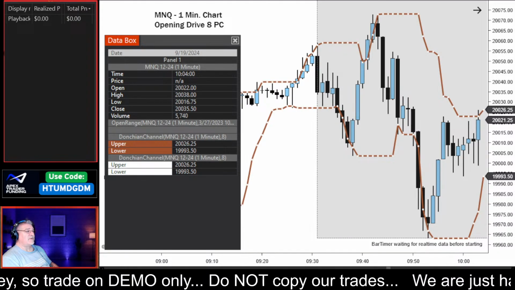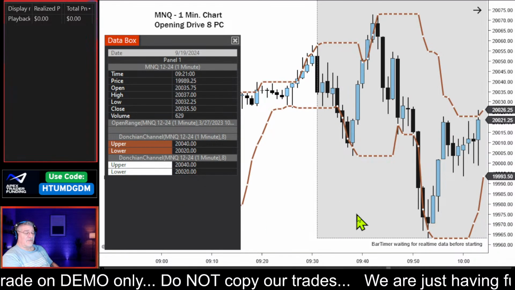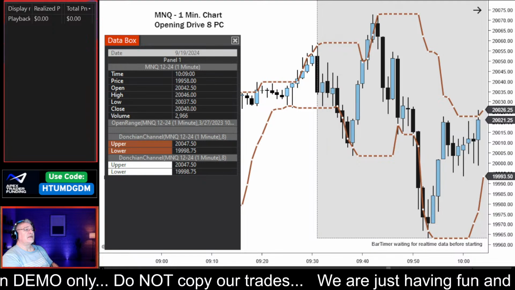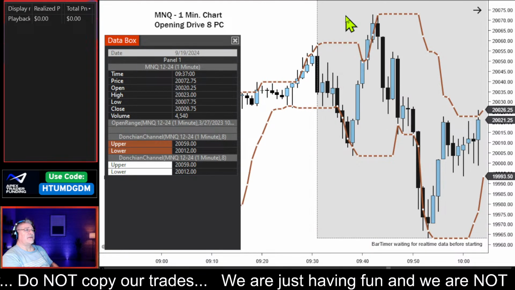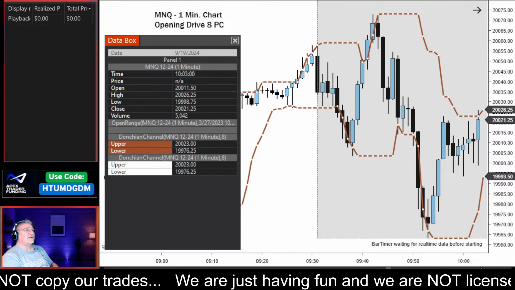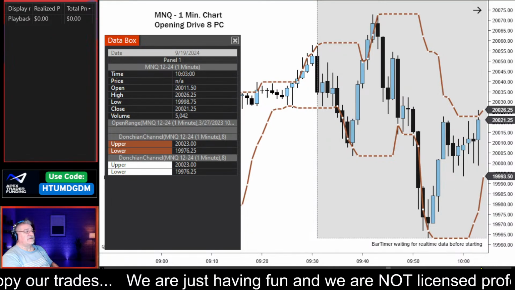So far, we're down 27 points for the week, which is nothing. Sounds like a lot, but it's nothing. You've got to trade this conservatively because it does have some wild swings. So that's the 16th, the 17th, 18th, 19th.